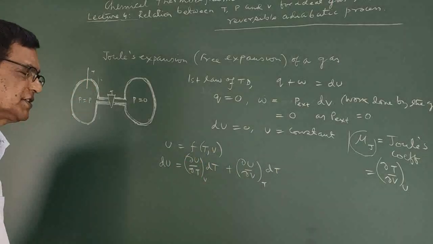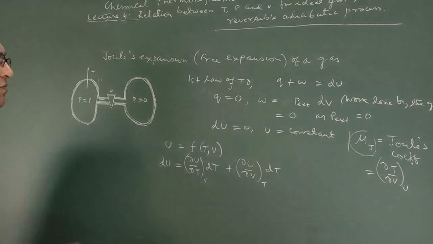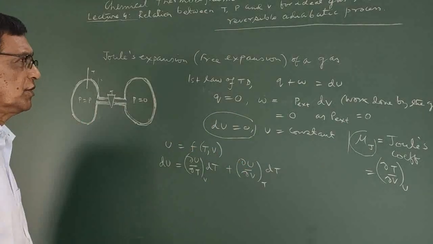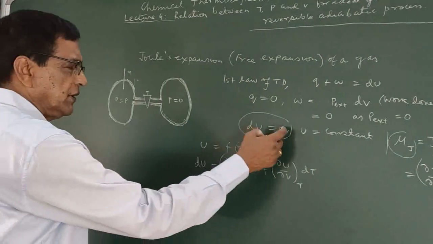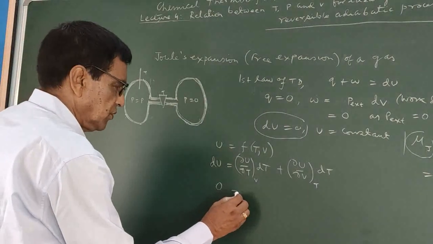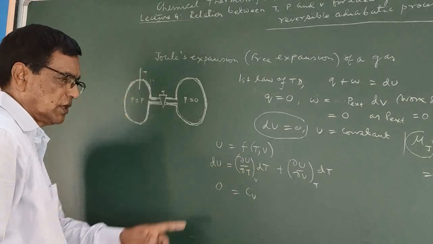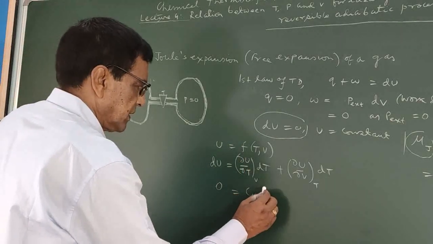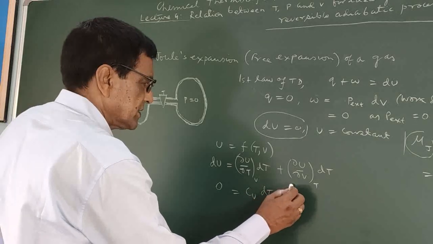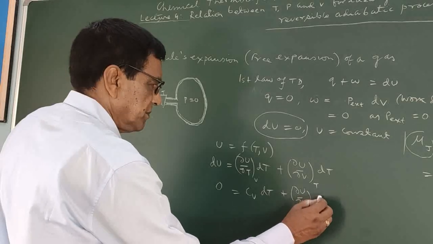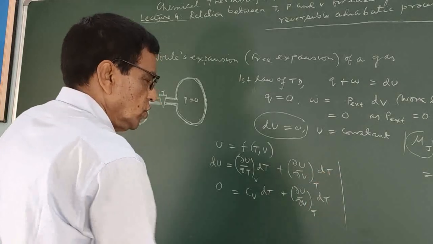By partial differentiation we get this. So for this free expansion, dU equals 0. So 0 equals Cv, for one mole of gas, Cv dT, plus del U by del V at constant temperature into dV.